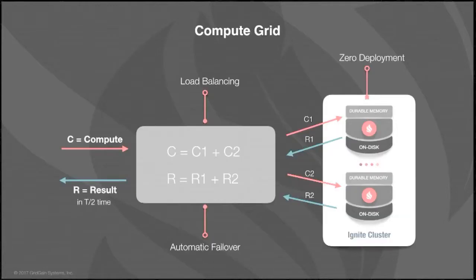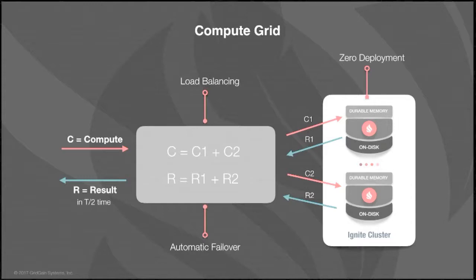This is what we provide here. The next interesting thing is Compute Grid. Compute Grid is Ignite's MapReduce framework, the same framework you're accustomed to in Spark or Hadoop. The idea is the same. You write your computation logic and send it to your cluster.